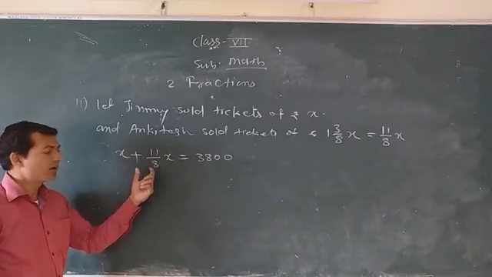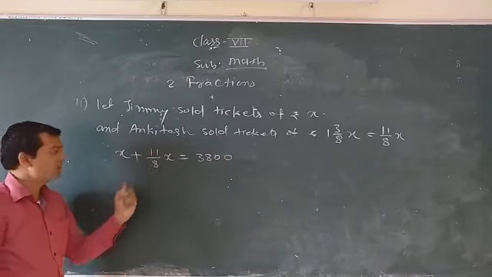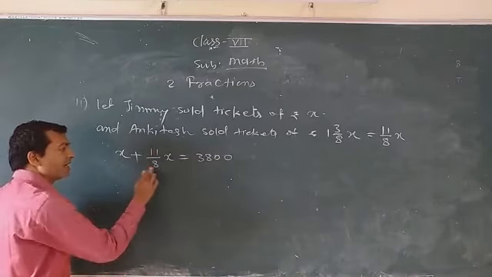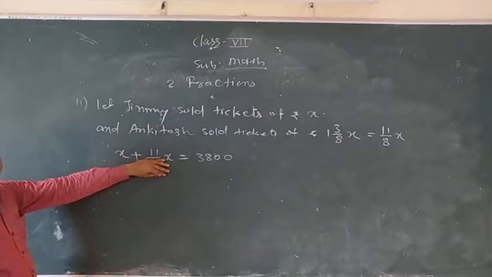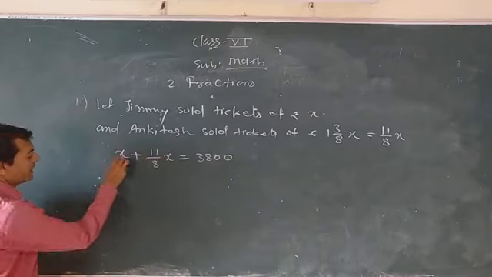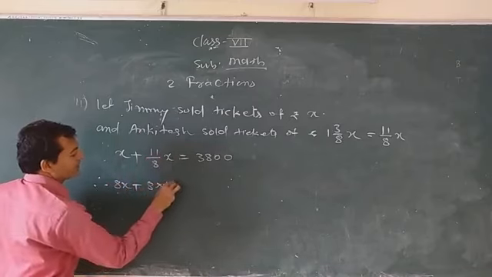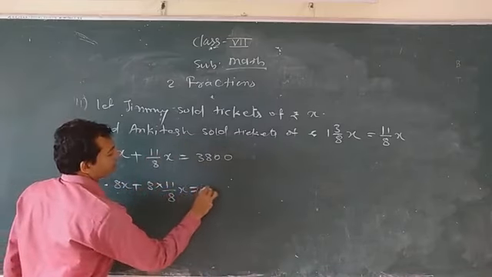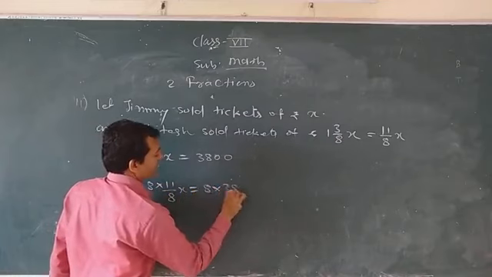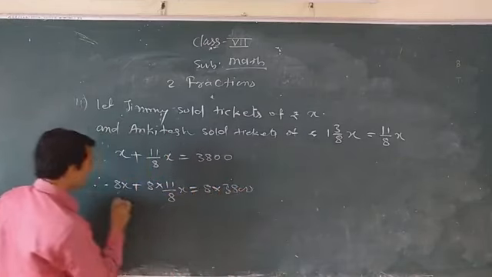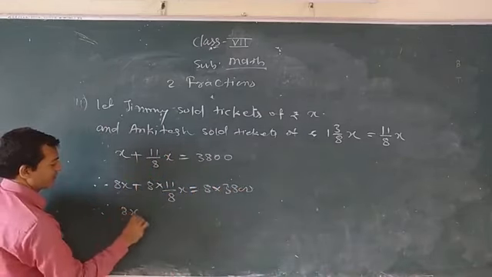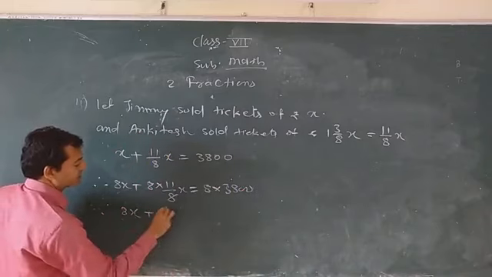Now you have to multiply the whole equation by 8. Before this problem we already solved like that. So you have to multiply the whole equation by 8, then you can remove this 8. So 8 into x plus 8 into 11/8x is equal to 8 into this. Here 8x plus, here 8 cancels, 11x only.